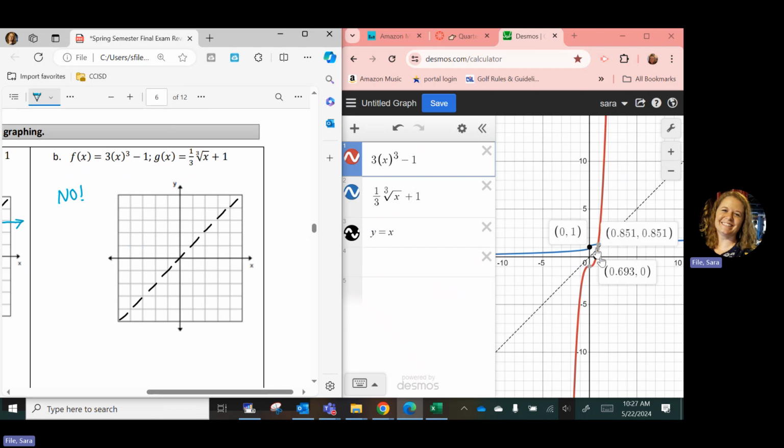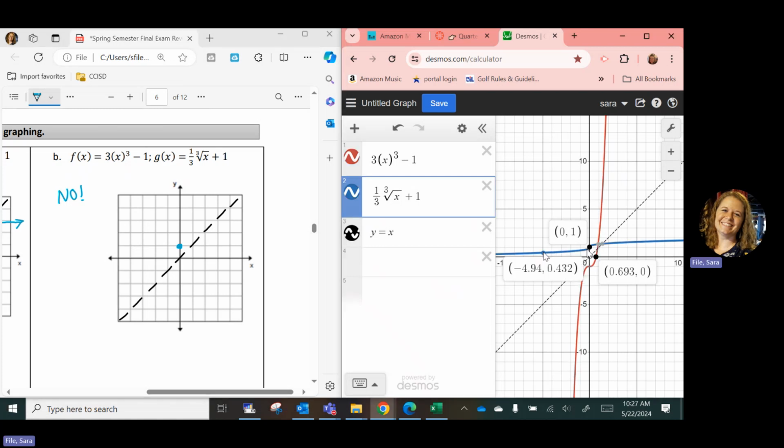Okay, and when I graphically look at these, I'll get some points. There's a point we said at 0, 1. Okay, and then it's hard to see these other points. Maybe, so this is at -5, like 0.4. Like here.